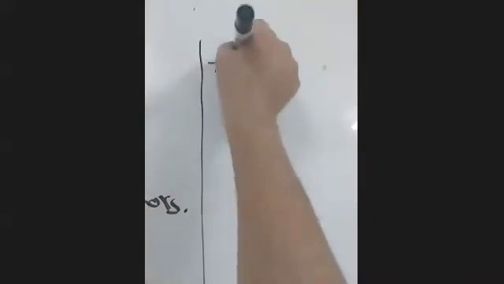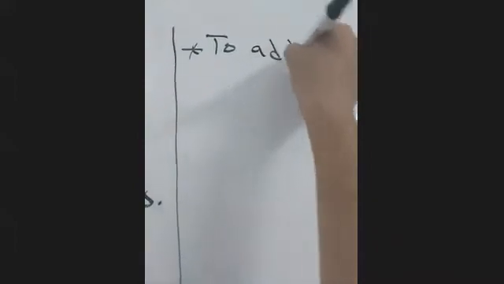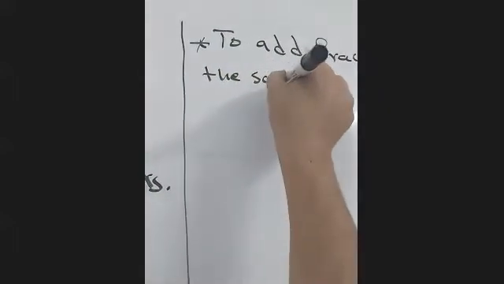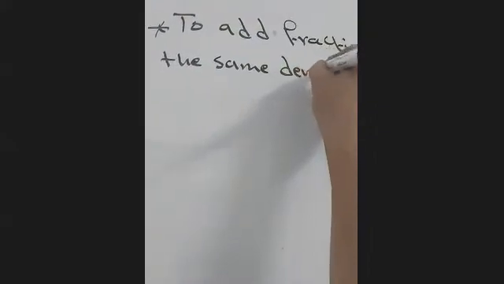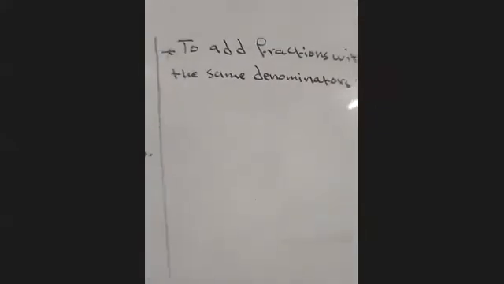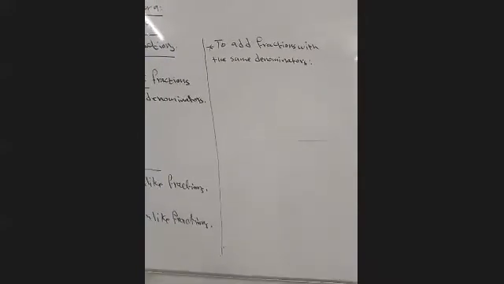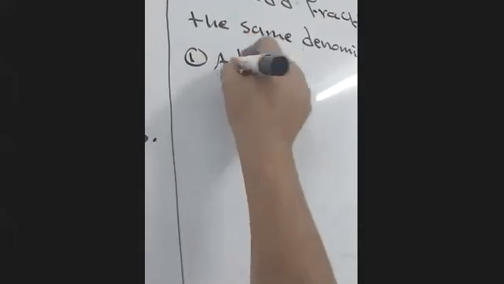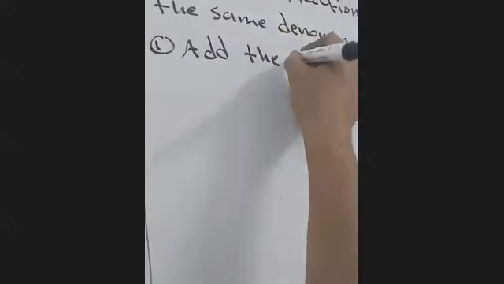To add fractions with the same denominators. Focus, guys, focus. It's important. To add the fractions with the same denominators, what we will do? First step, add the numerators. Add the numerators only.